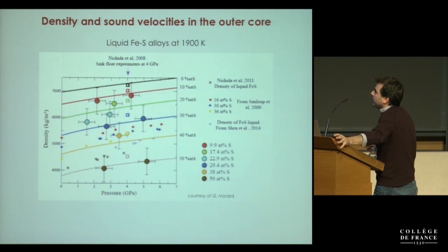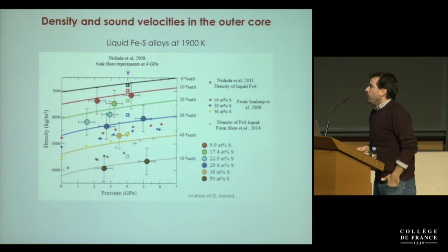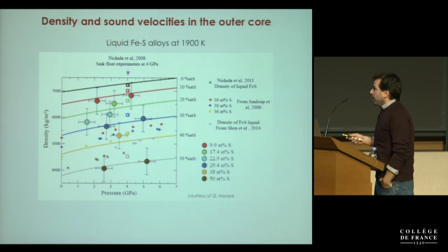Here, the idea is to get a relation that gives us the density versus pressure as a function of sulfur content. Now, this is a modeling with some assumptions, but as you can see, this model quite well grasps the entire picture and gives us an idea of how density changes with pressure and temperature, and consequently velocity.